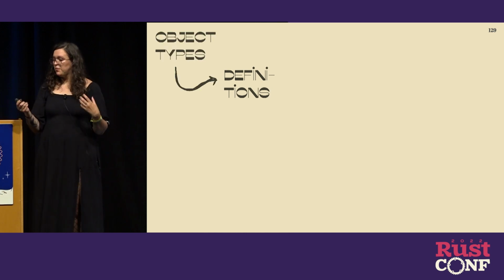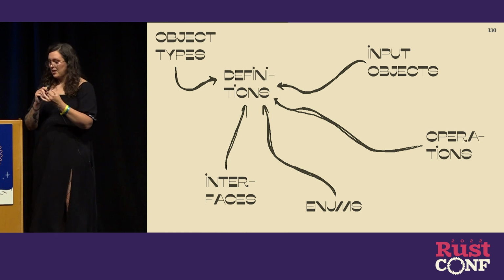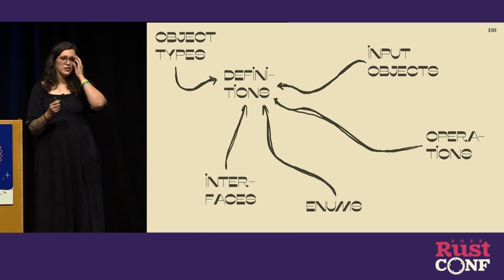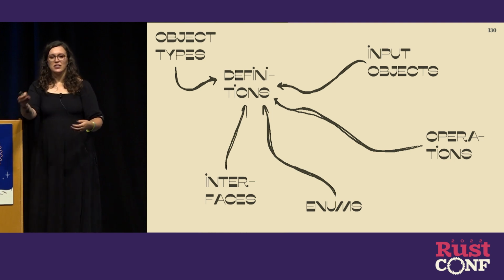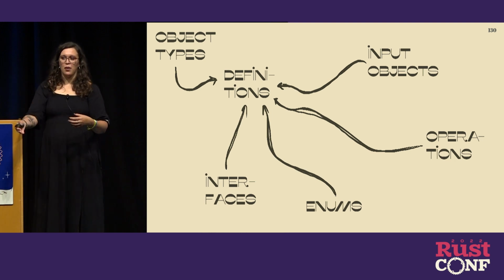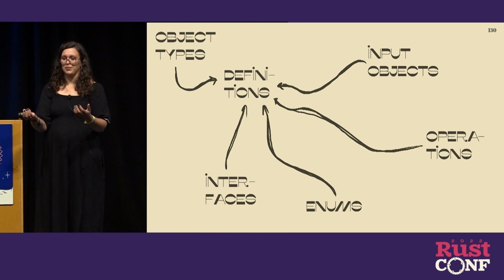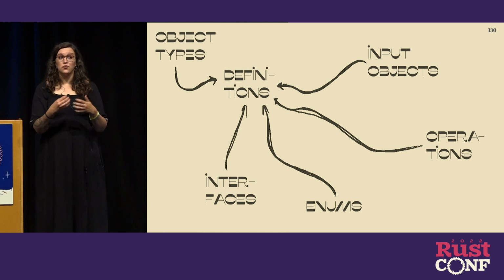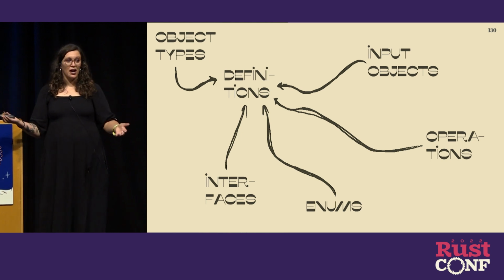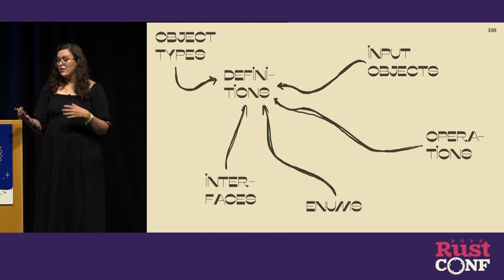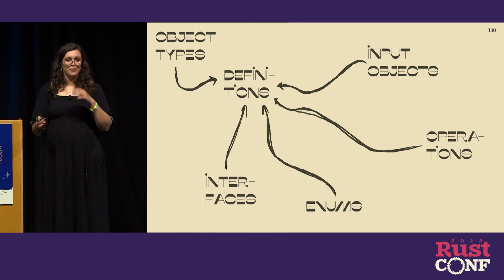It could be object types, but also input objects, operations, enums, interfaces. After the first time we use it, for all subsequent times no computation has to happen, only a lookup in the cache. So this makes for a really performant way to create your database, and allows us to play around, not necessarily right now, but perhaps in the future, with this kind of query system.